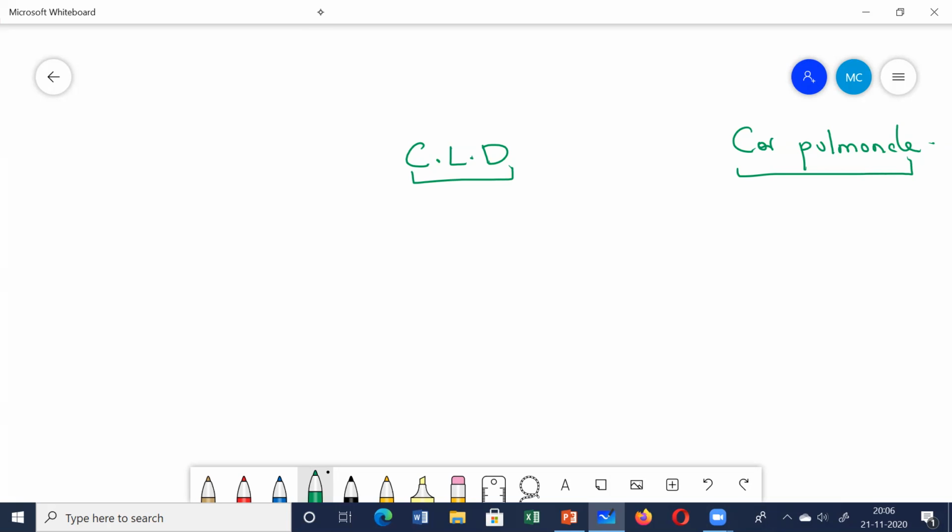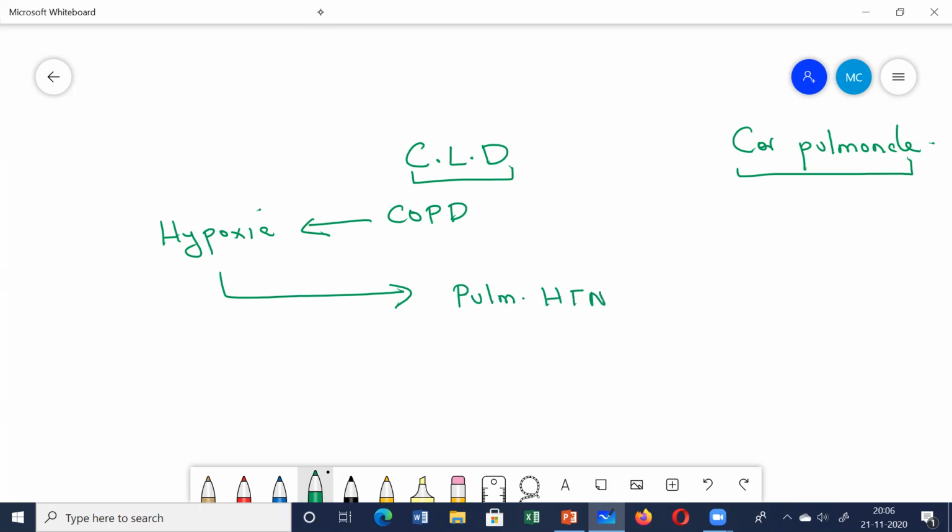First, the patient has developed a chronic lung disease. Let us take the most common example, COPD. Because of COPD, there is improper air exchange that has led to hypoxia. Because of hypoxia, there has occurred pulmonary vasoconstriction. The blood vessels have constricted, and that has caused pulmonary hypertension.